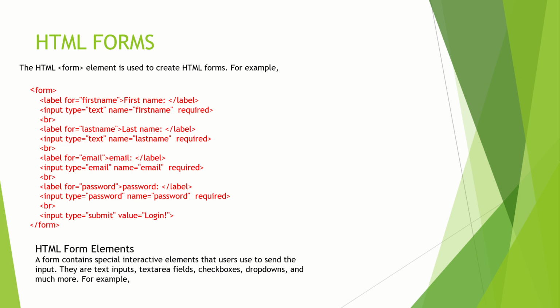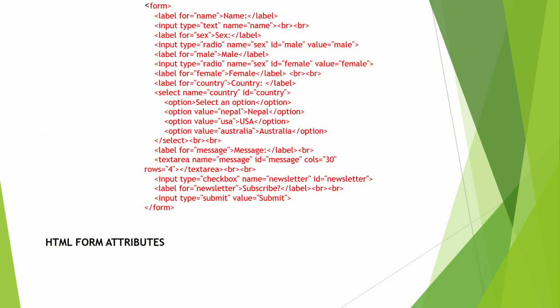There are many parts. First is the HTML form elements. HTML form elements contain special interactive elements that the users need to send input. There are text input, text area, checkboxes, drop down, and much more. Here is the syntax of the HTML form elements.